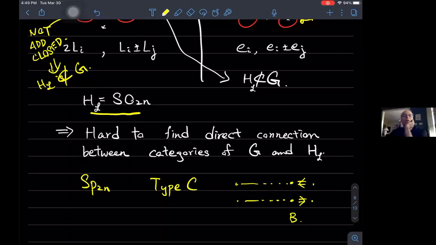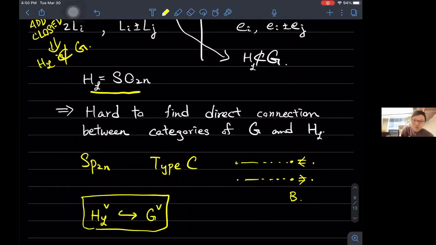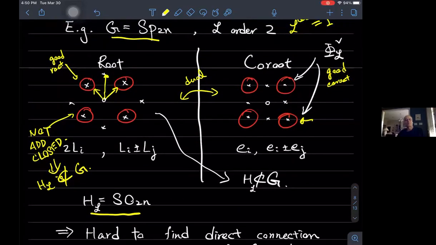But you do have an embedding of this endoscopic group into the Langlands dual of SP2N, yes? So the Langlands dual of the endoscopic group embeds into the dual. Because taking the dual means the roots become coroots and coroots become roots. So by definition, it's additively closed on the right-hand side, so it's a subgroup. Okay, thank you.